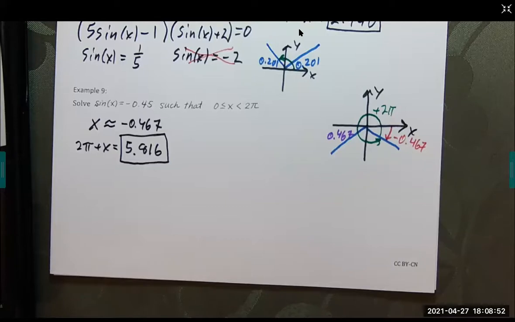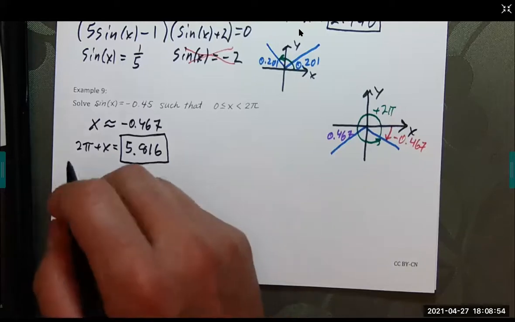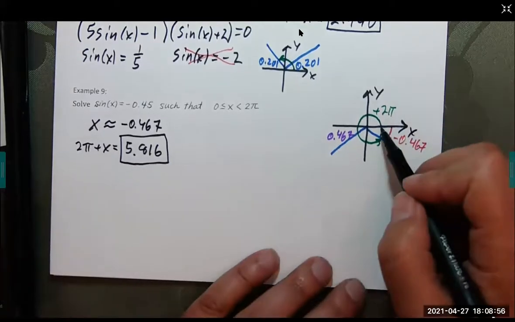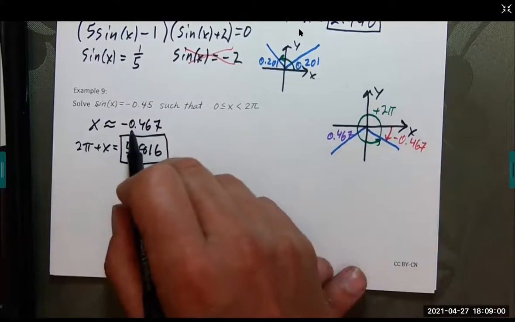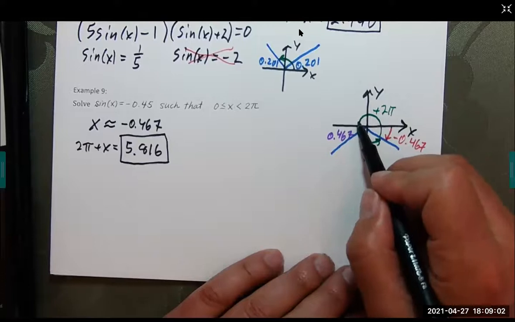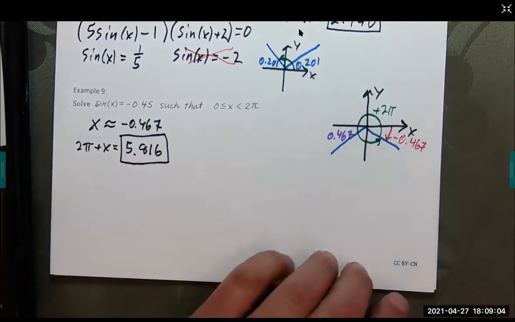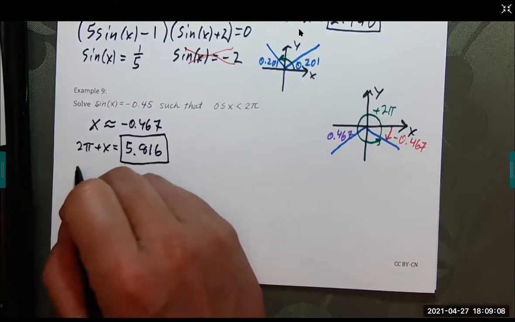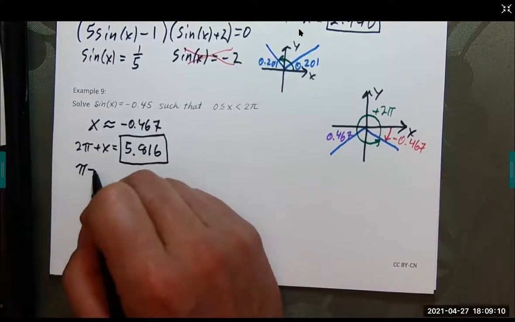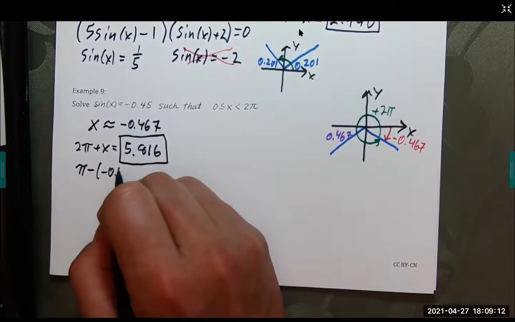So here's what I'm going to do. I'm going to go pi plus, but because I have it stored as a negative, I'm actually going to do pi minus negative 0.467.